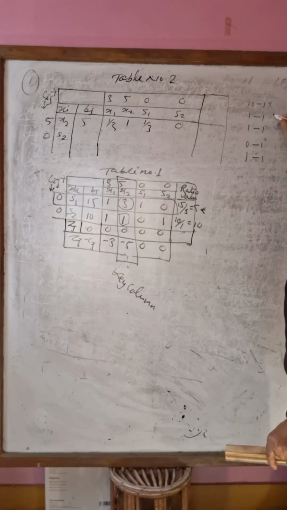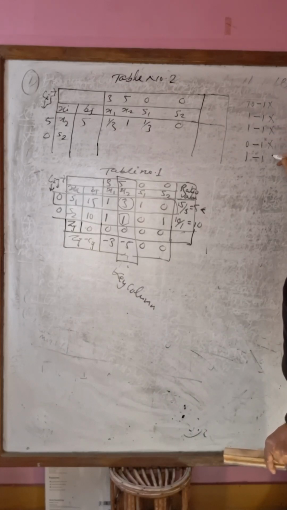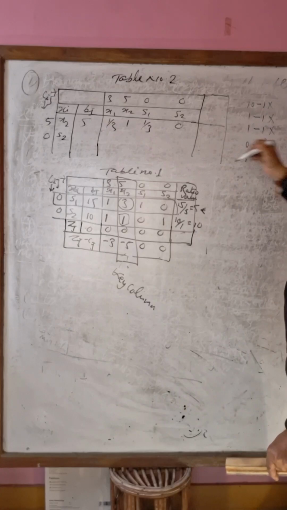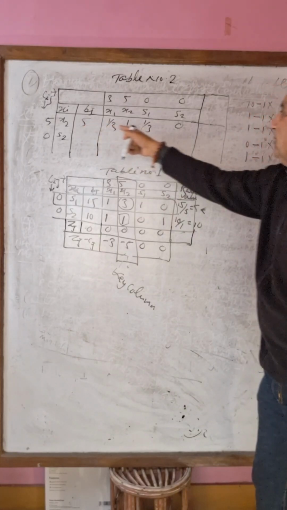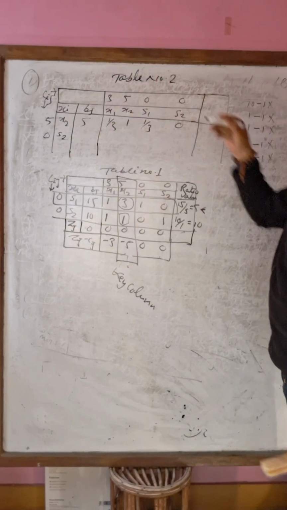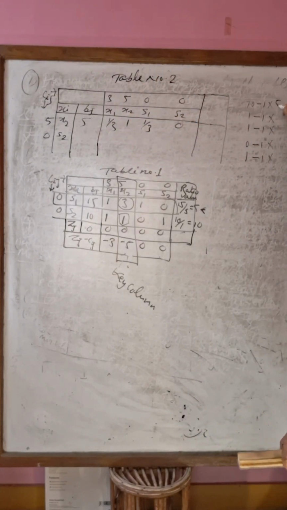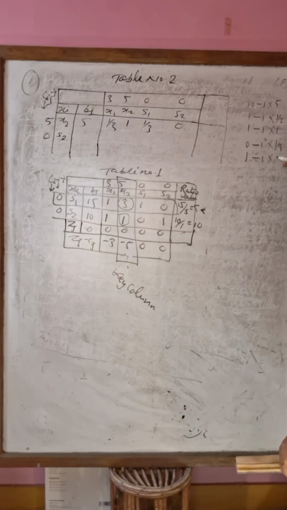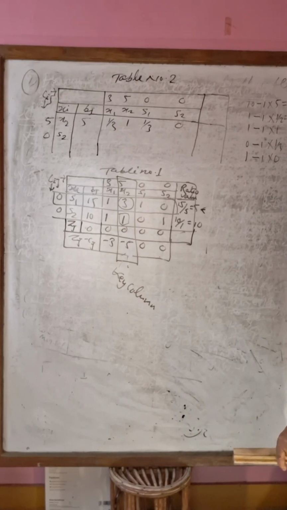And then multiply by these individual elements of R1 of table number 2, that is 5, 1 by 3, 1, 1 by 3, and 0. So what values will you get? This is 5. And here, 2 minus 1 by 2 is 1 by 2.